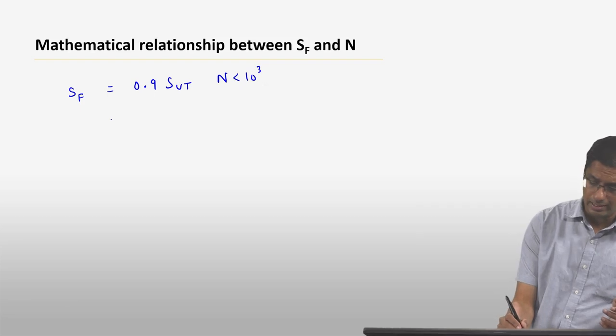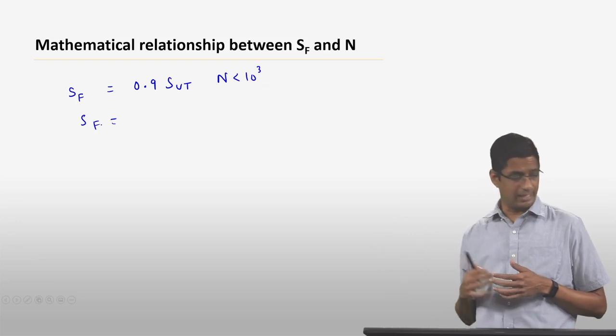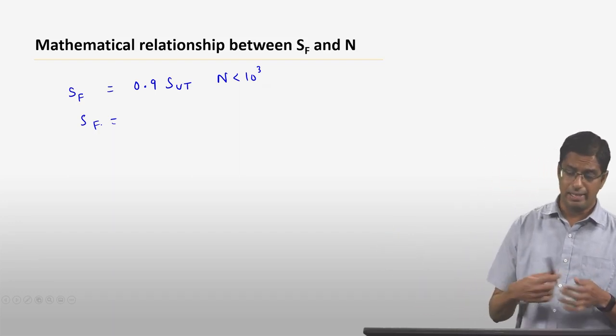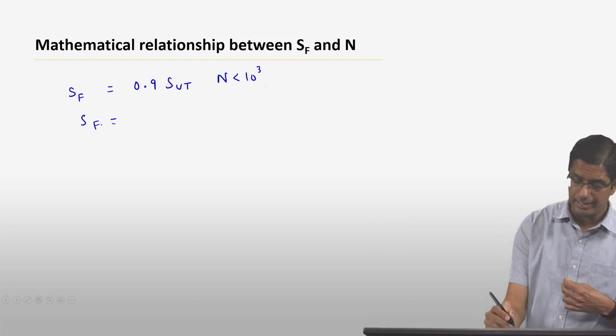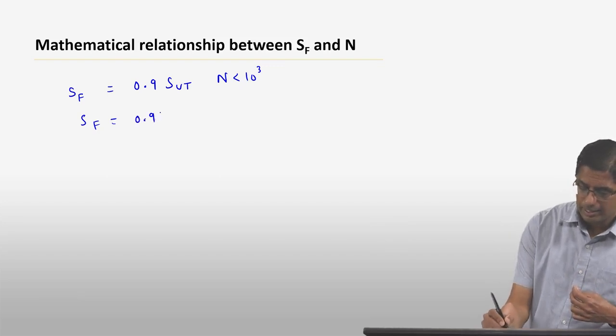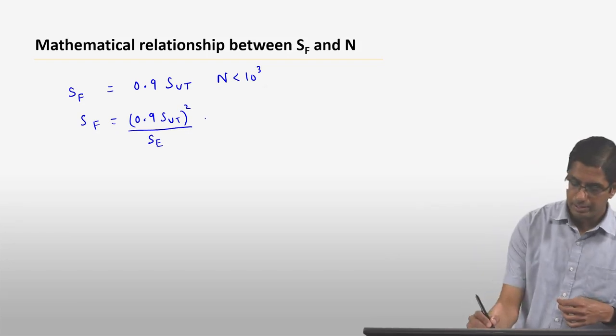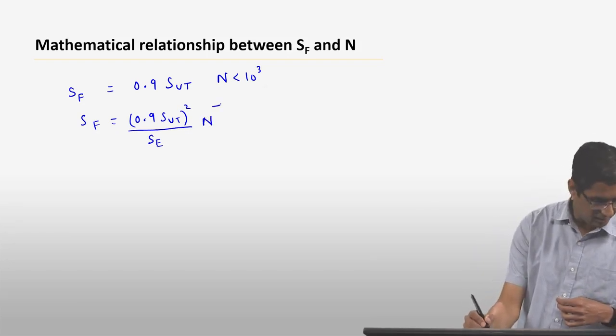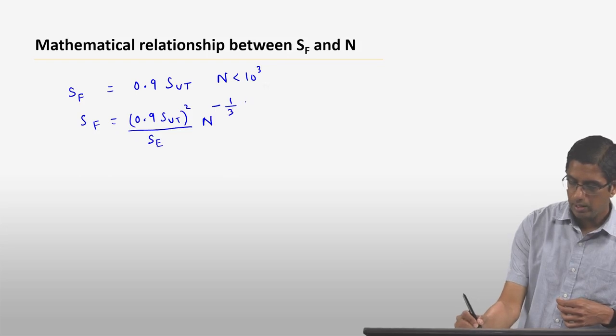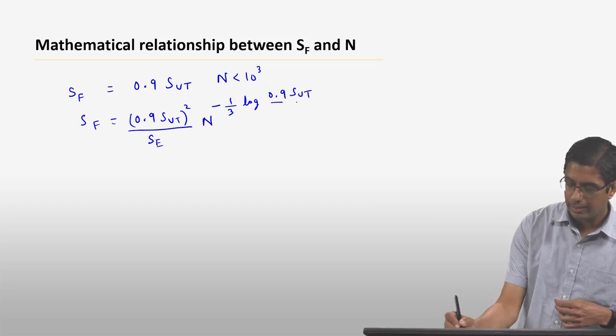Now, if you look at the range between 10^3 and 10^6 cycles, the relationship is slightly complicated. It turns out to be something like this: (0.9 SUT) the whole squared, divided by SE, which is the endurance limit, times N to the power of minus 1 over 3 times the logarithm of (0.9 SUT divided by SE).